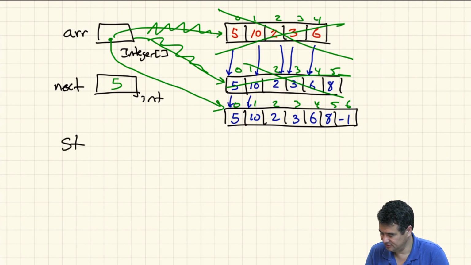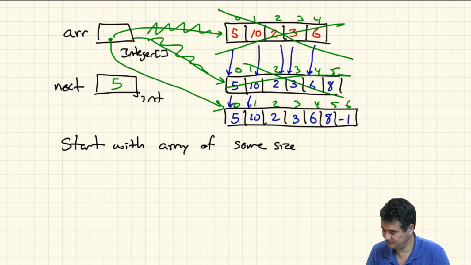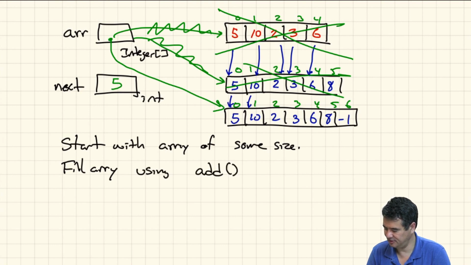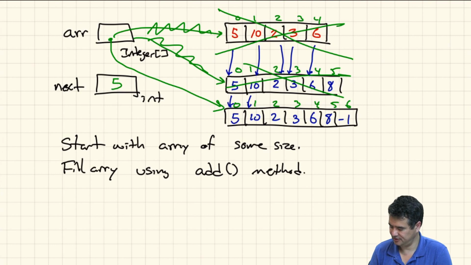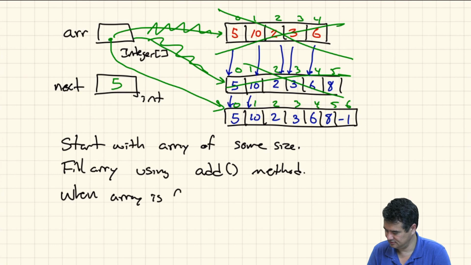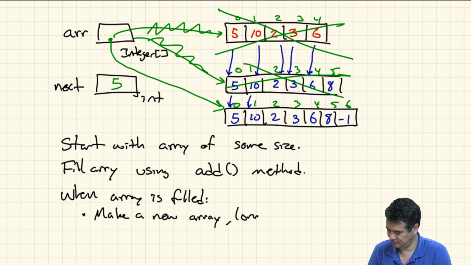So it starts with an array of some size, and then fills the array using the add method. So when the array is filled, you can do a couple of things. You're going to make a new array, but make it longer than the previous one.